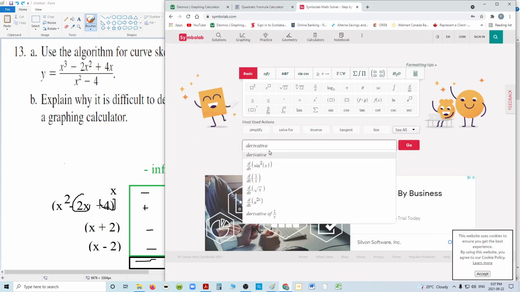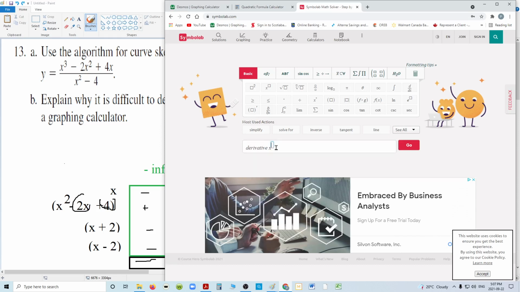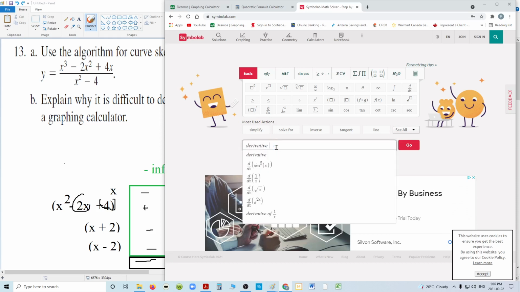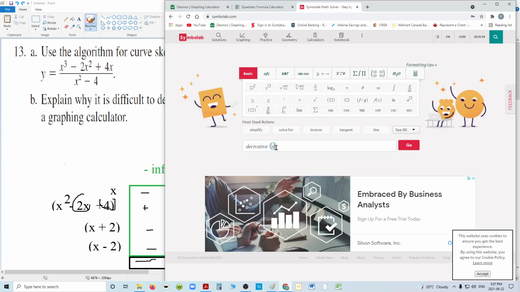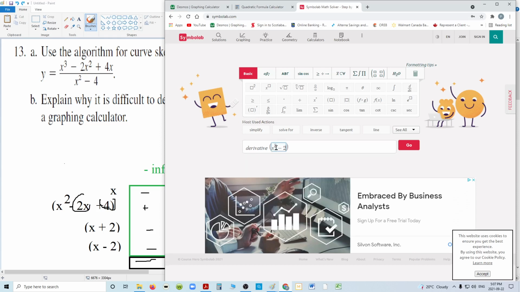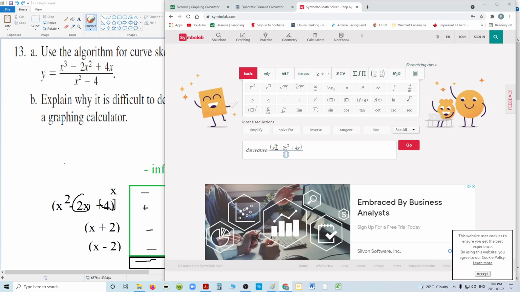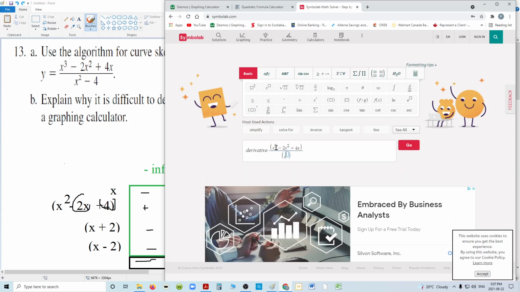And yeah, they really want you to practice this, but this is such an exceptional question that I don't know if I'm going to spend that much time doing it. And all of it divided by x squared minus 4. And let's make sure I got it right and take the first derivative.